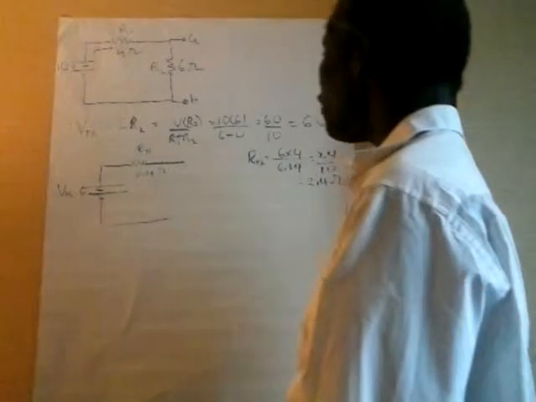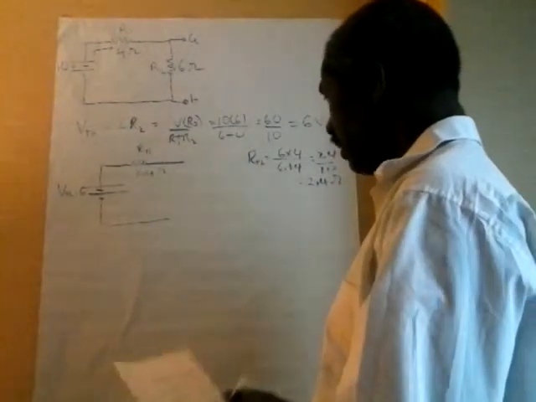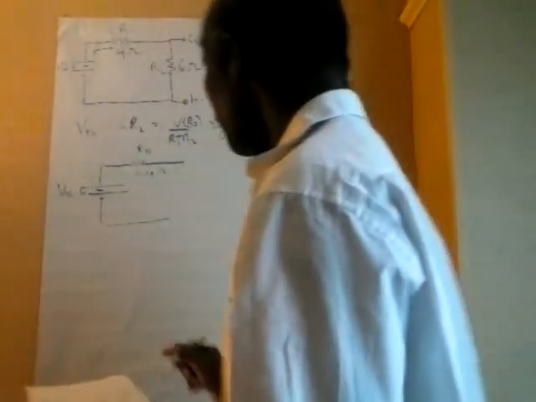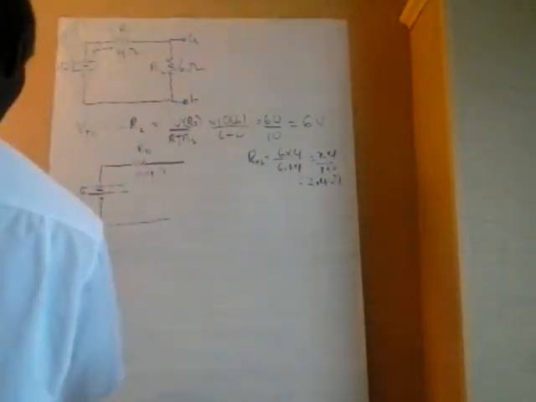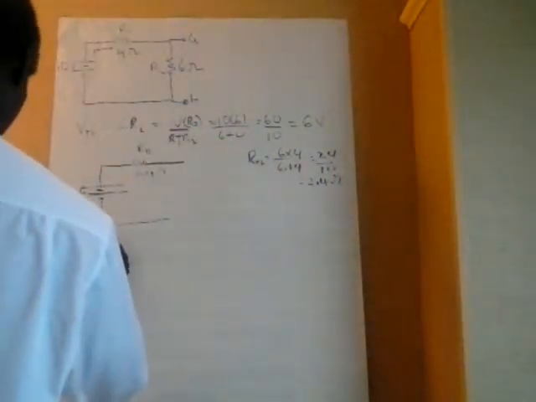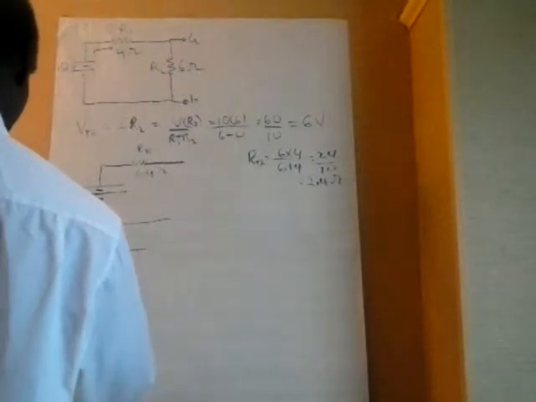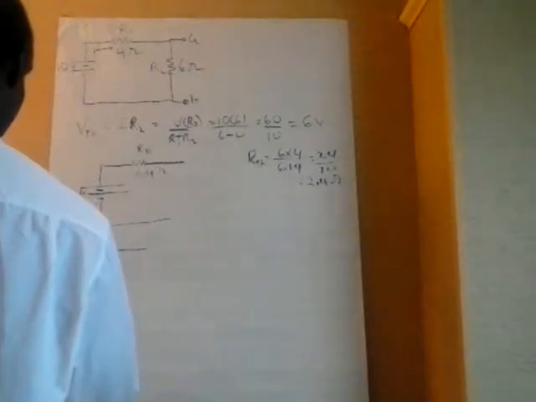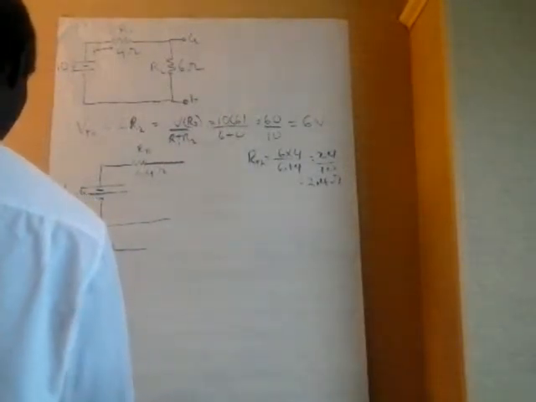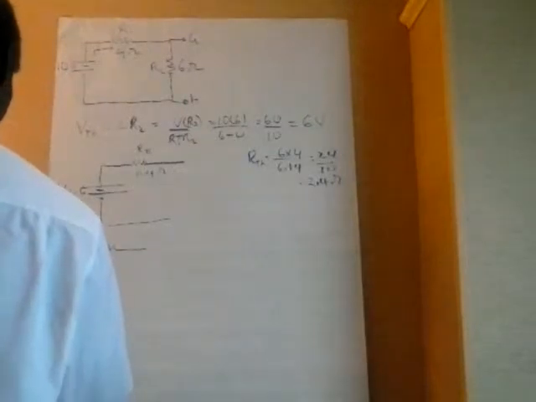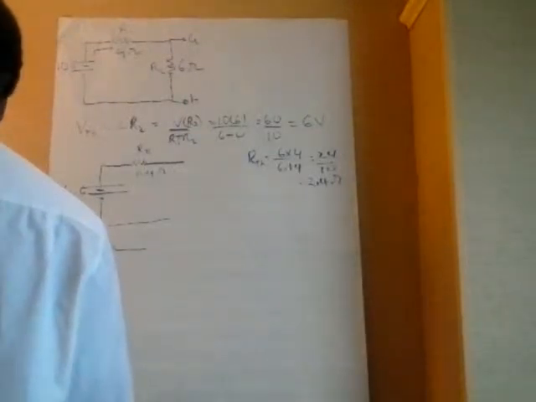Okay, let's demonstrate one a little bit more involved. Suppose now we have a circuit with just another extra resistance added to it. And this one is 12 volts.